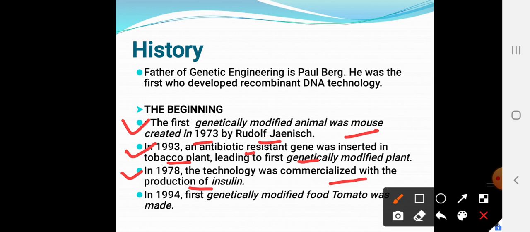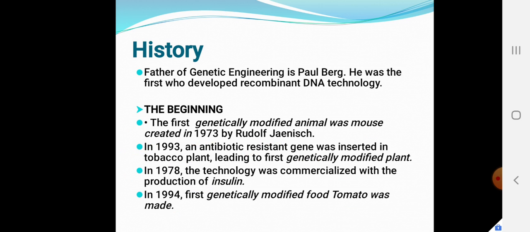In 1994, the first genetically modified food, the tomato, was made. These are all the first genetically engineered animal, plant, pharmaceutical product and crop.